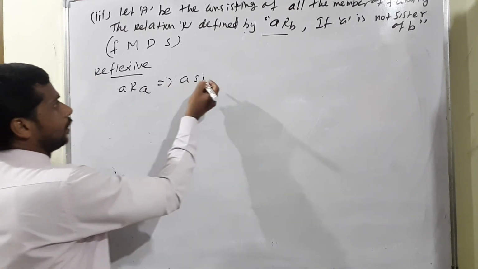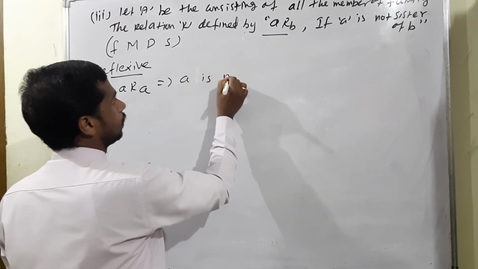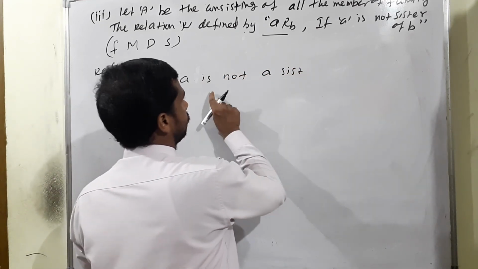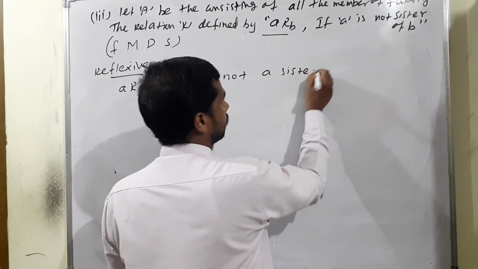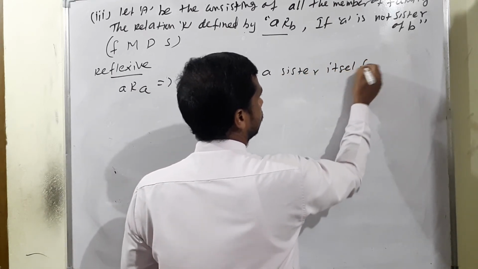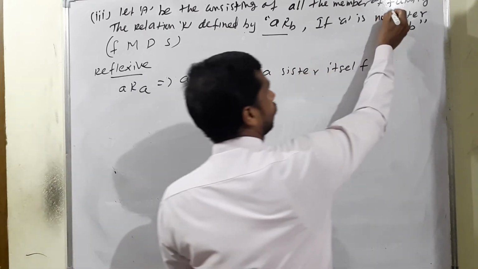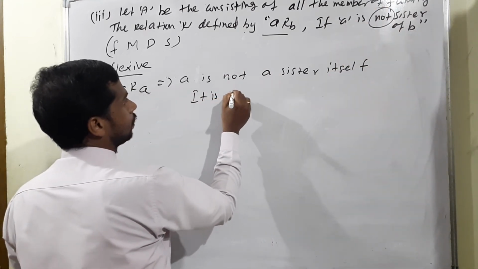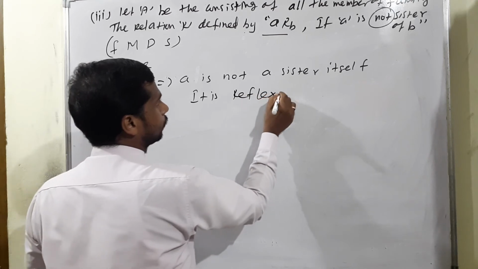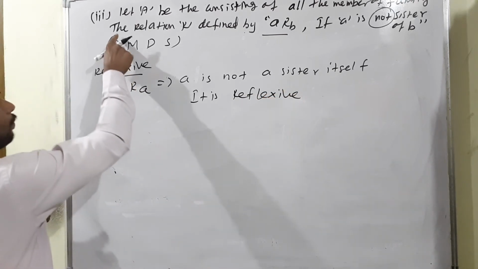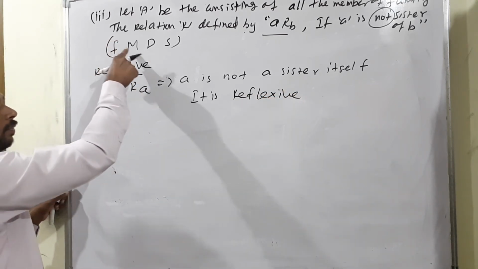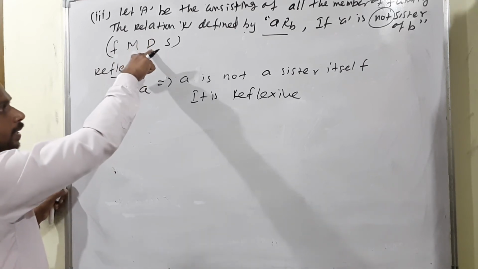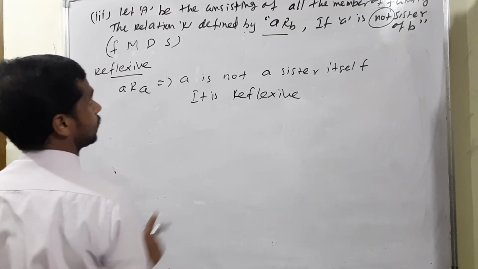That's why A is not a sister of itself. Father is not a sister of father itself. Mother is also not a sister of herself. Daughter also, it's not possible to herself. That's why I can say it is reflexive.